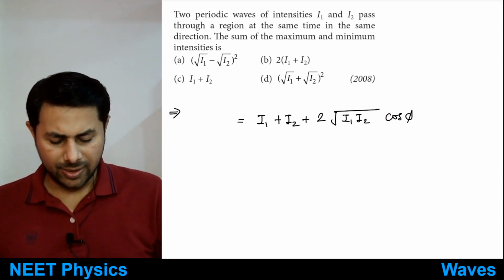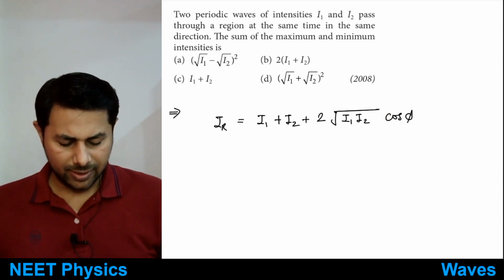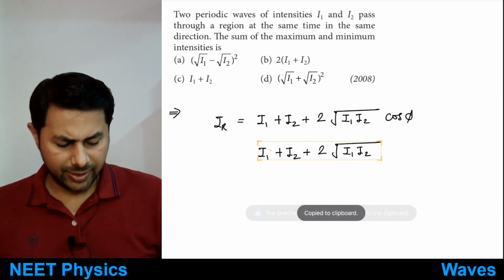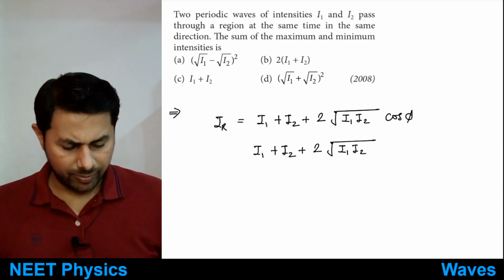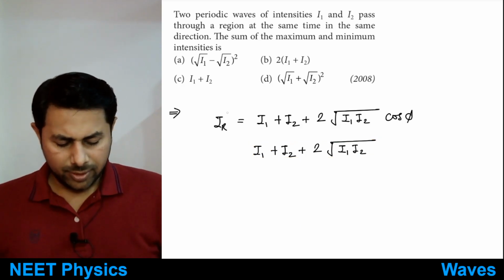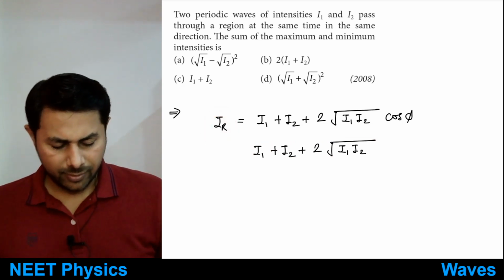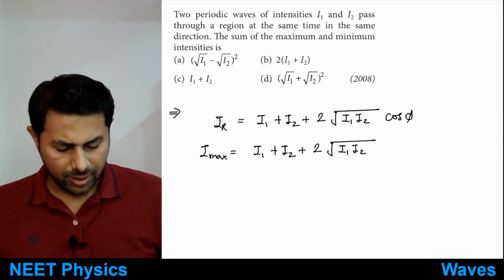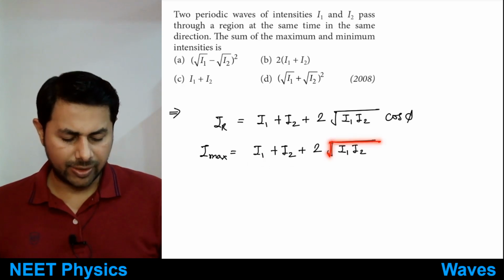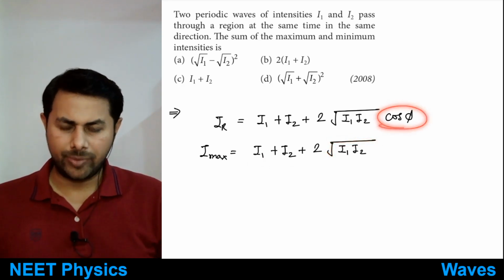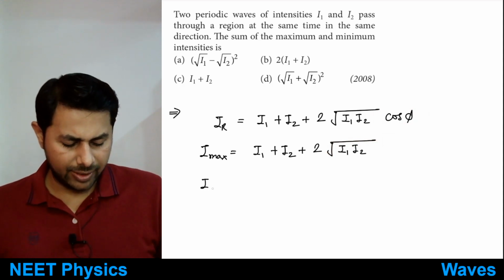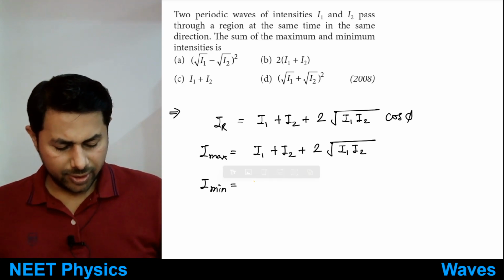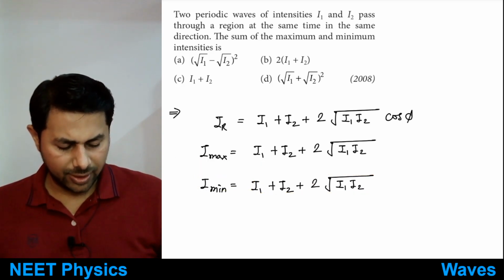So let me say this is the resultant intensity IR, and maximum intensity would be equal to I1 plus I2 plus 2 times square root of I1 I2, right? So cos phi would be equal to plus 1, and for minimum intensity cos phi would be equal to minus 1. So a negative sign will come here.